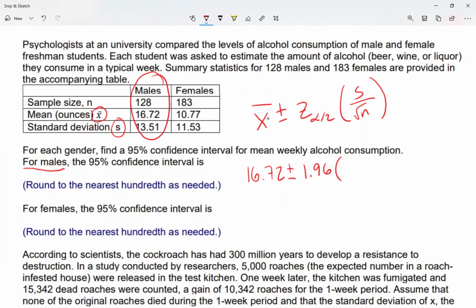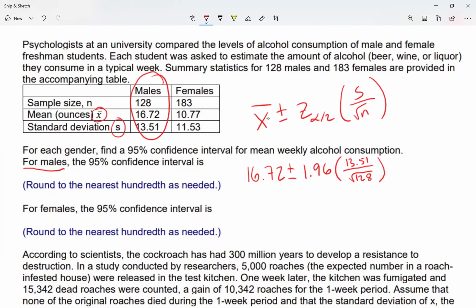I have to multiply this by my standard deviation for males, which was 13.51. I have to divide this by the square root of 128, because there were 128 males. For the lower value of my confidence interval, I'm going to use the minus sign. For the higher value, I'm going to use the plus sign.